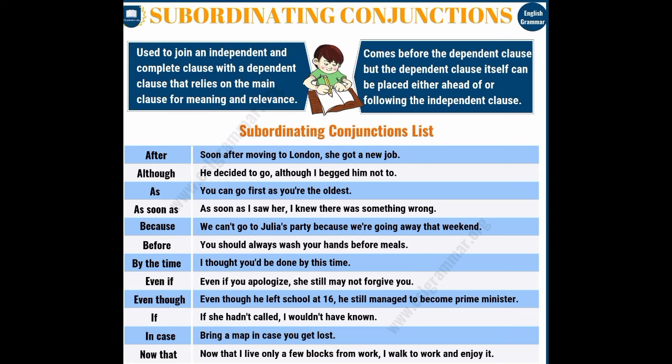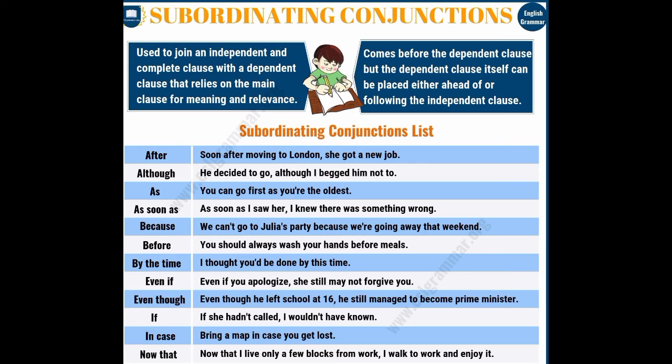Now you can see there are some conjunctions which come in the category of subordinating conjunctions. So these are after, although, as soon as, because, before. So you can see the first one, like after. Soon after moving to London, she got a new job.